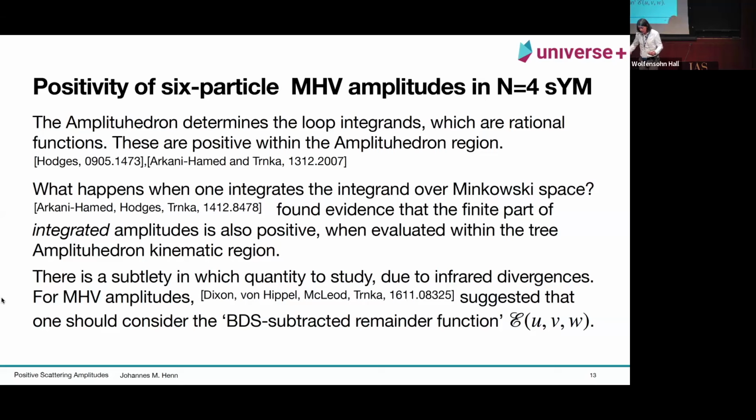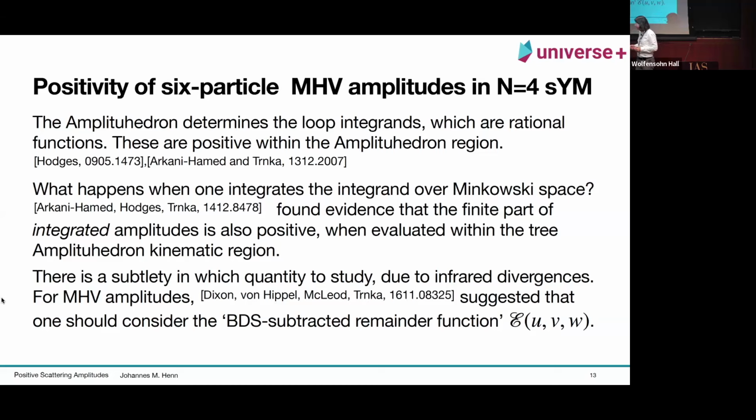There's in fact a further subtlety. There was the first subtlety of what happens when you integrate over Minkowski space. There's a second subtlety which has to do with infrared divergences. So the object we're computing is actually not finite, and although we know very well how to remove those divergences, it's very tricky to talk about positive quantities and subtracting something off of them. So how much should we subtract off? Is the positivity preserved?